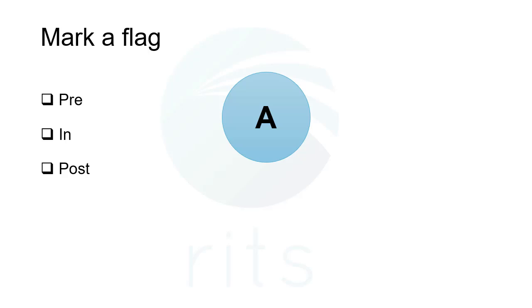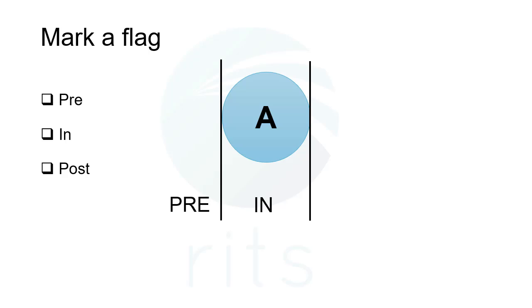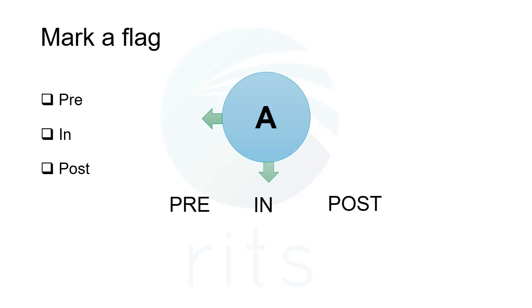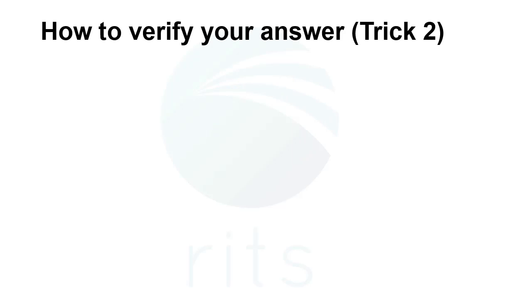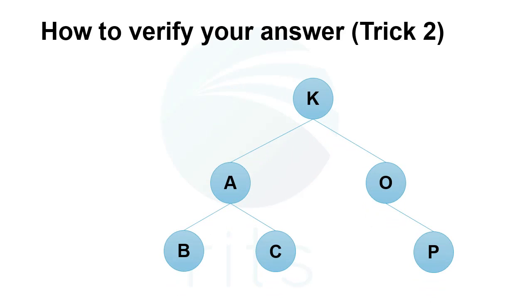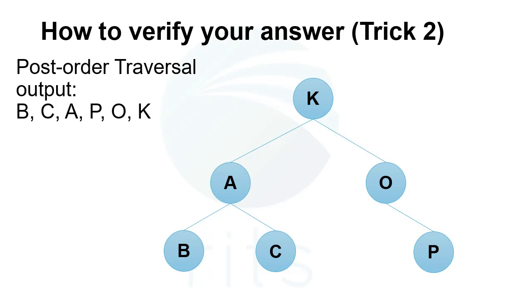Well, we have already discussed that pre means before, in means between, and post means at the end. So you have to mark the flags at the locations, this for pre, this for in, and this for post. In this case we have to verify our post-order traversal, so we mark flags beside each of the nodes at positions indicated previously.